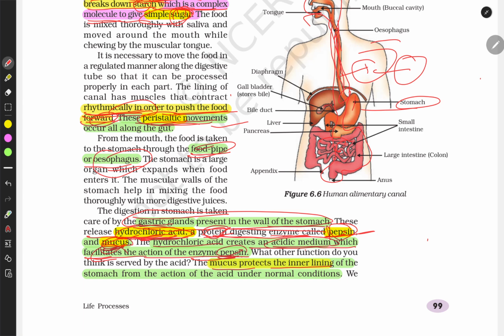Mucus forms a protective layer. It protects the wall of the stomach so that the hydrochloric acid may not cause harm to it. That is why mucus is produced, and it sticks to the walls of the stomach and protects the wall.